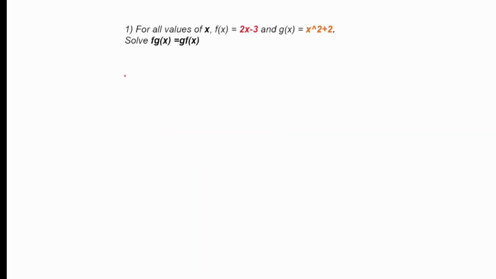We're going to have our gf of x, so you're going to have 4x squared minus 12x plus 11. And you're going to set that equal to fg of x. So fg of x, it was 2x squared plus 1.